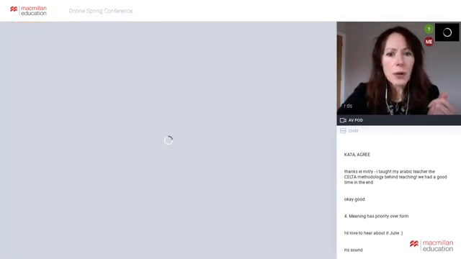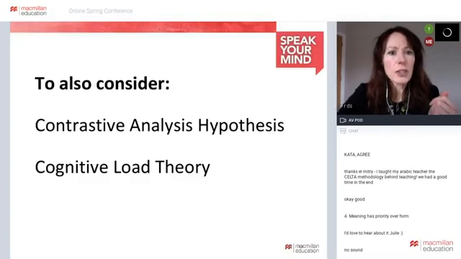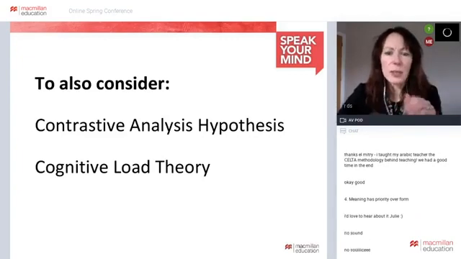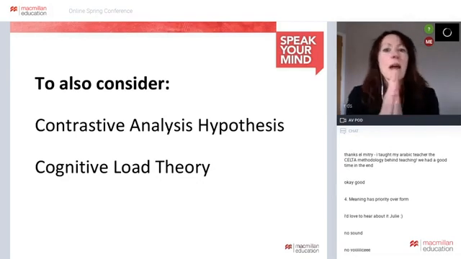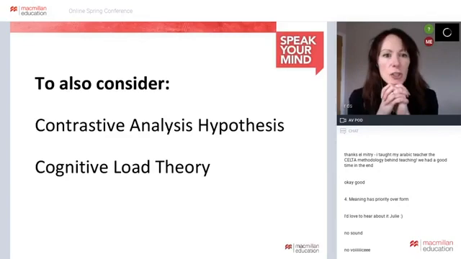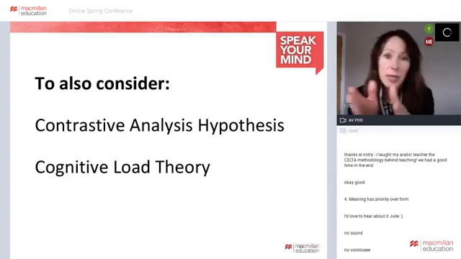Let's move on here to just 2 more tiny theories to touch upon. As I say, there's so many and all of them fantastic, but these are ones that I think are particularly relevant. So the contrastive analysis hypothesis, which suggests that errors made in the L2 stem from the L1.